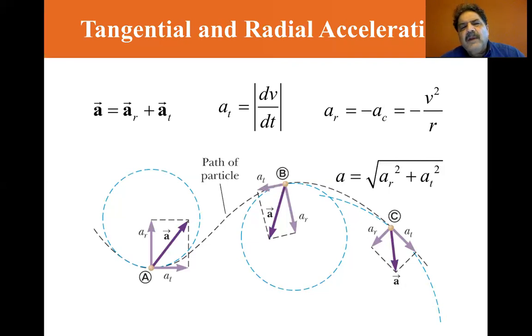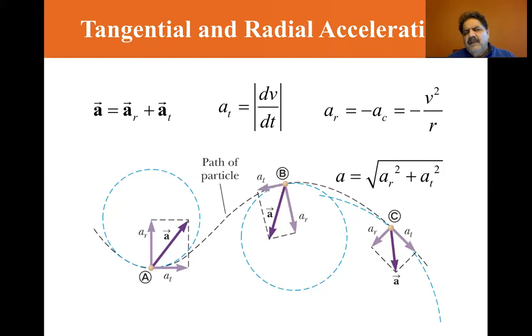The radial acceleration is small when r is large. In other words, if the curvature radius is very large, the acceleration isn't that great. You imagine going around a very slow curve.